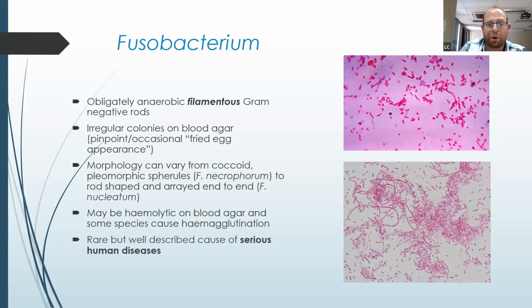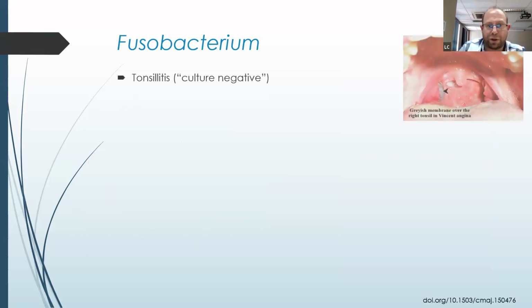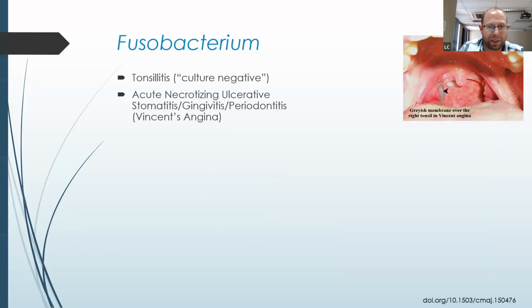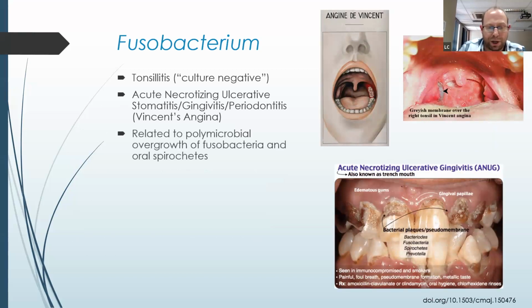But they're a rare but well-described cause of serious human infections. So culture-negative tonsillitis, often with a membrane, that may result in more serious sequelae we'll discuss. Vincent's angina, so again, acute necrotizing ulcerative stomatitis, gingivitis, or periodontitis, which was also termed trench mouth. It's related to polymicrobial overgrowth.